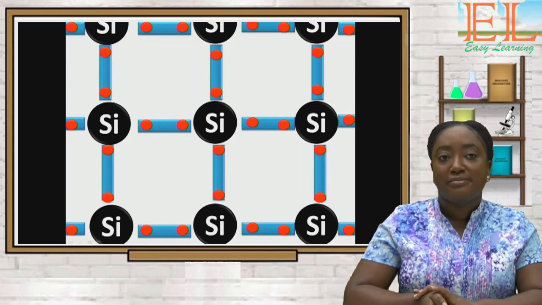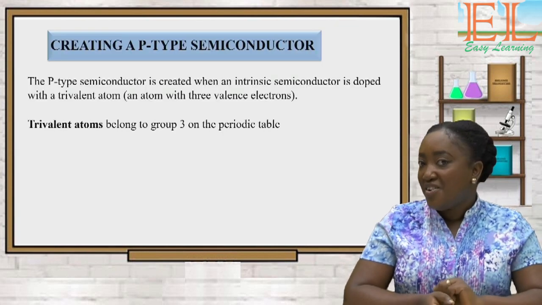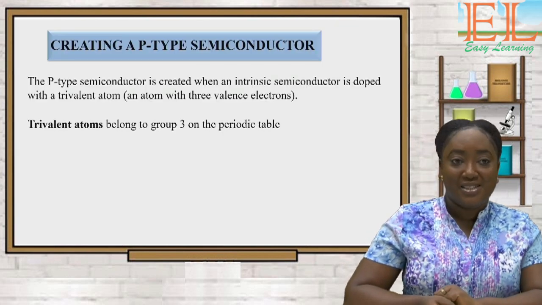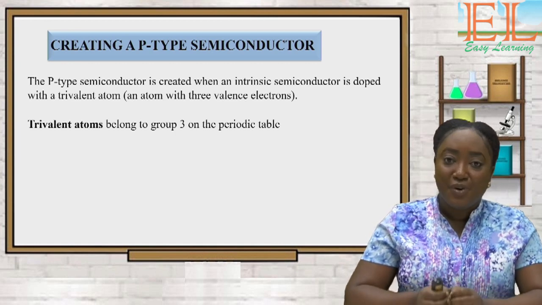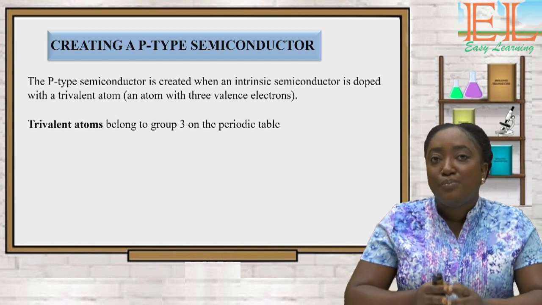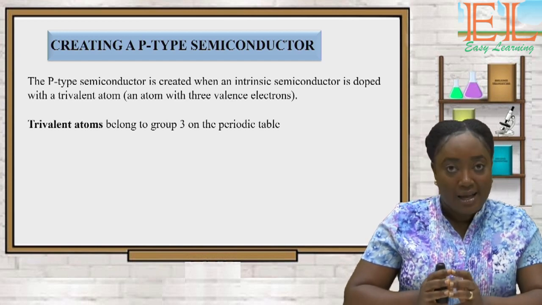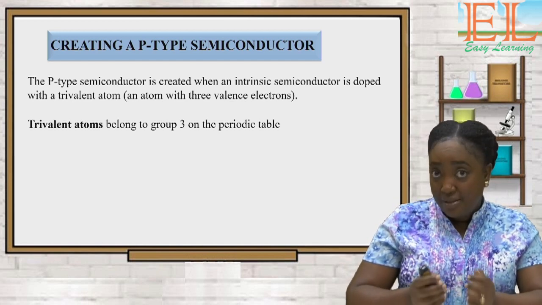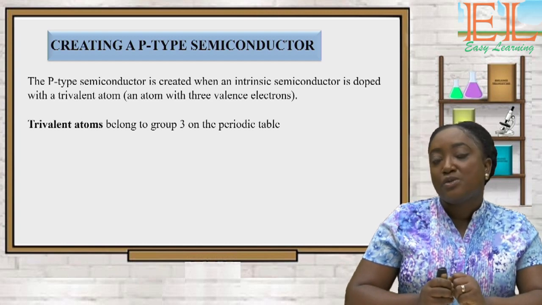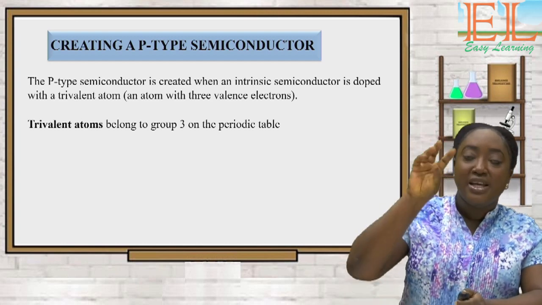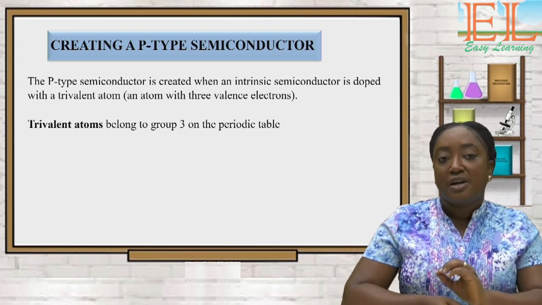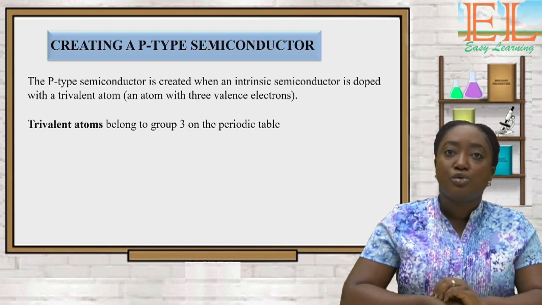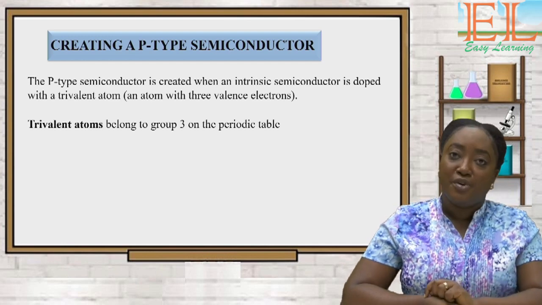Welcome back. Let's go ahead and create a P-type semiconductor. This is done when a pure semiconductor is doped with a trivalent atom. What we mean by a trivalent atom is one that has 3 electrons in its outer shell. Trivalent atoms belong to group 3 on the periodic table.